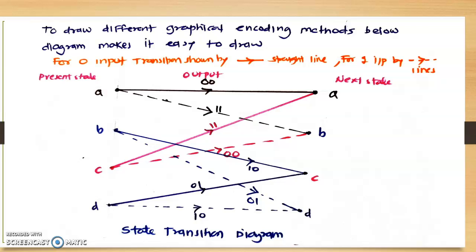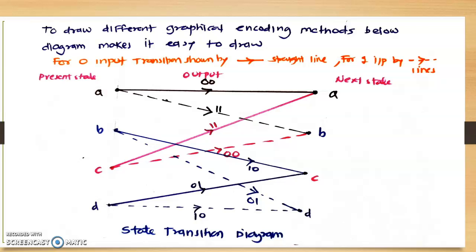Now this state transition diagram has 3 parts. One is the present state, the middle one is the output, and the third one is the next state. So the present state is A B C D, the next state is also A B C D, and in the middle I will indicate the output. From the previous table I will draw this diagram.